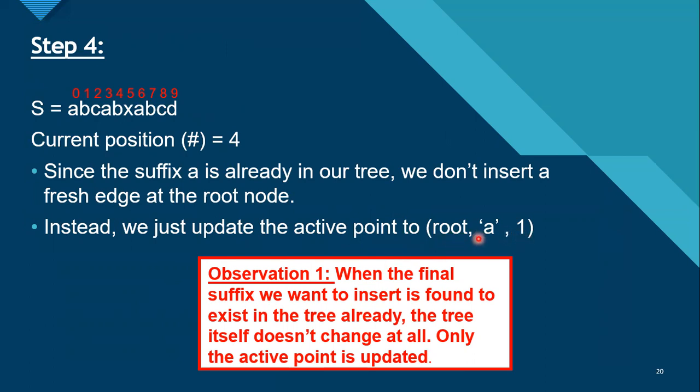This means that now the active point is somewhere in the middle of the outgoing edge of the root node that starts with the character A, and specifically after position 1 on that edge. And this is our first observation: when the final suffix that we are trying to insert is already found in the tree, we do nothing about the tree, but we just update the active point.